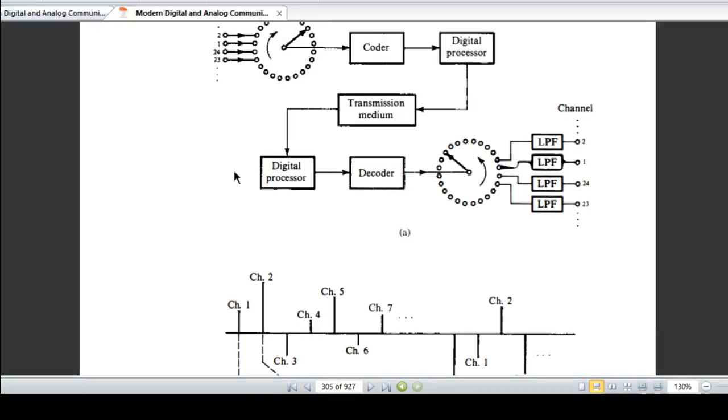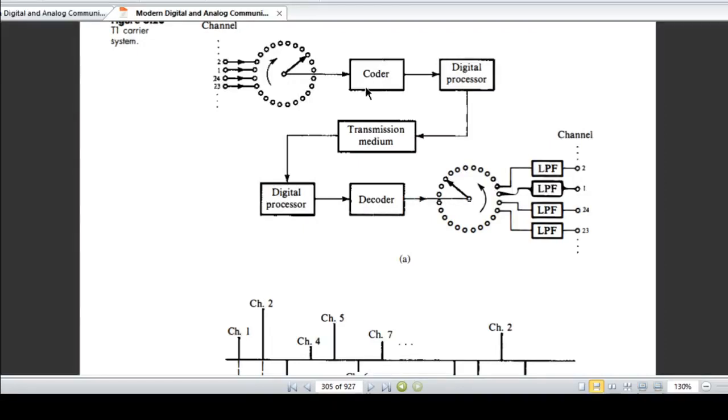In 1 second this switch will make 8000 revolutions. So this will generate 8000 samples per second for each signal.